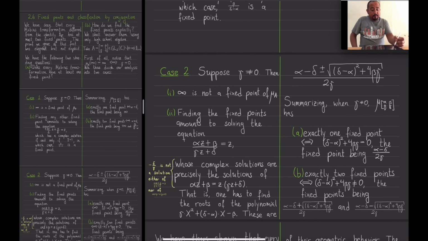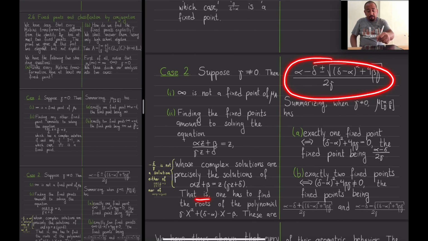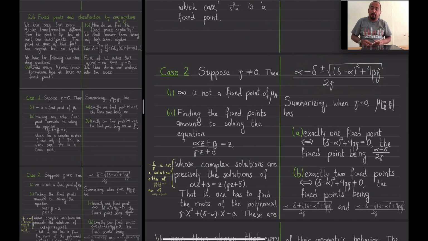And then of course the fixed point is this, right? Or exactly two fixed points, namely when one takes plus here or minus, right? In both cases, we notice that the fixed points, namely the roots of this polynomial, are expressed explicitly in terms of the entries of the matrix A with which we decided to represent our Möbius transformation, right?